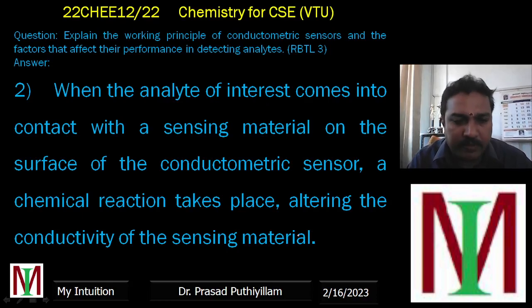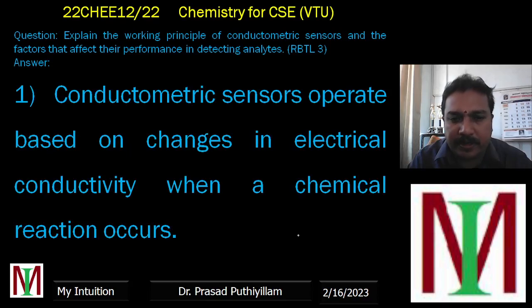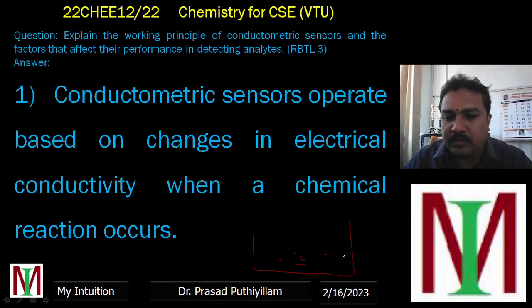I'll explain the first point again because my previous explanation was different. If we have an analyte present with us, and we want to check any chemical reaction of this analyte, what we do is make it react with some other chemical.